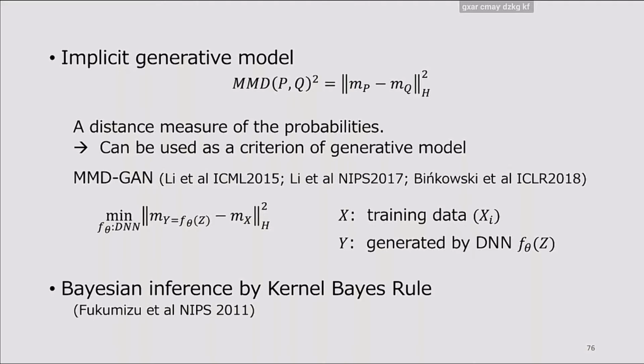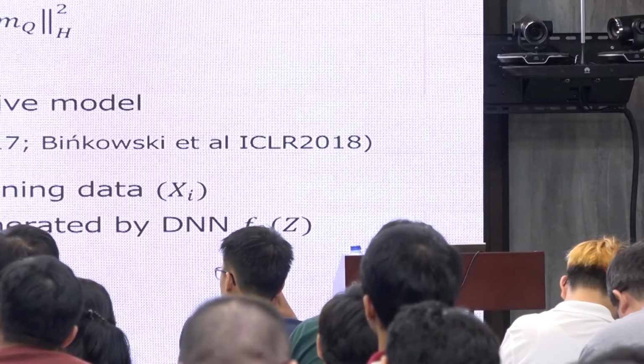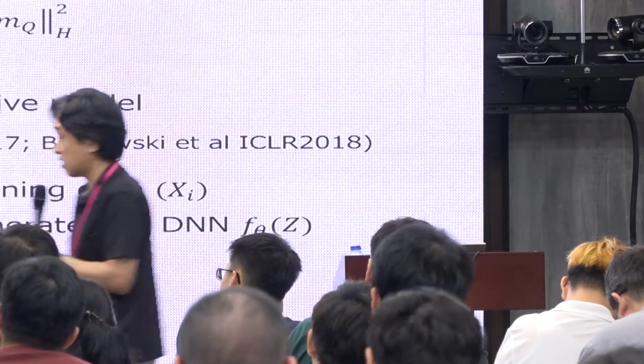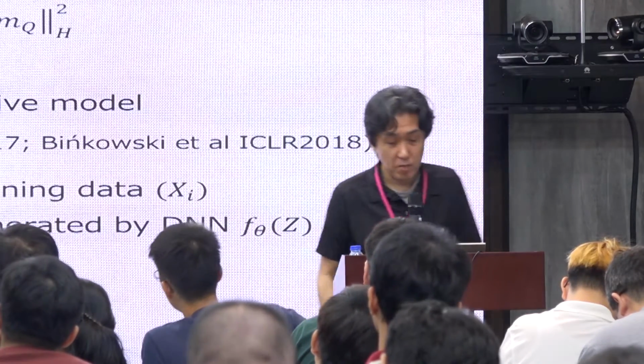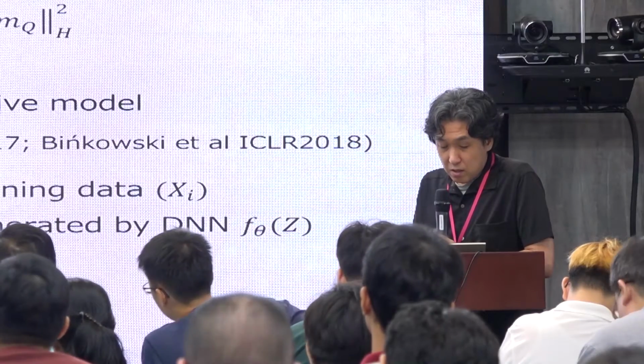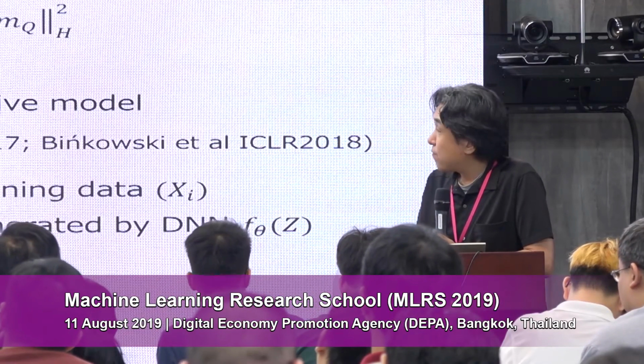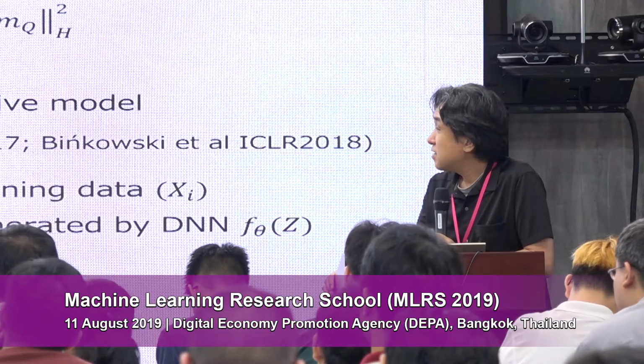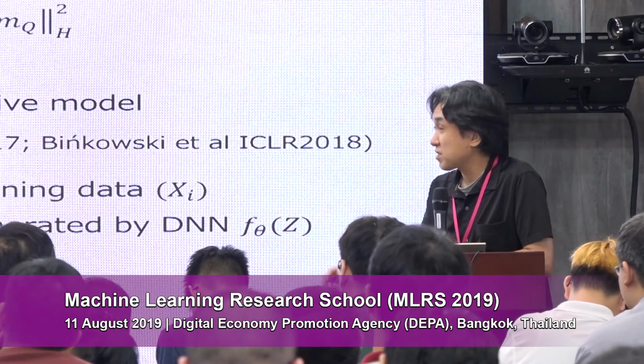And we have a parameter of deep neural network, and we just minimize over the parameter so that this maximum mean discrepancy is minimized. So people have, yes. No, in this formulation, no discriminator.